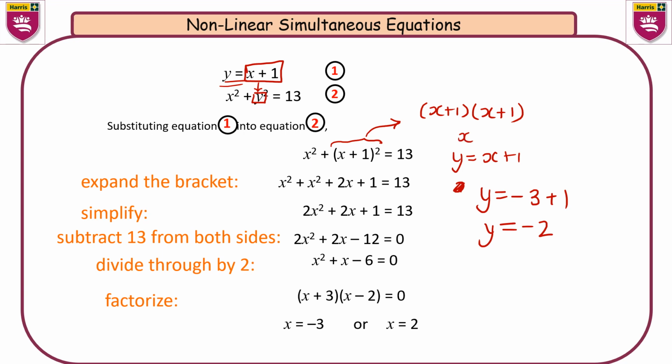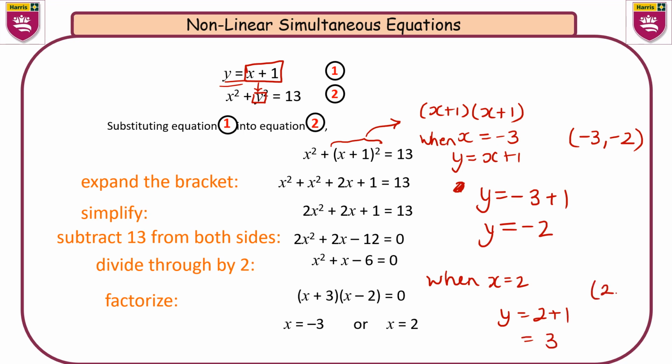So when x is negative 3, y is negative 2, and the coordinate of that is going to be this. And for the next one, when x is equal to 2, then y is going to be 2 plus 1, which is a 3, and the coordinate of that is going to be written down like this.